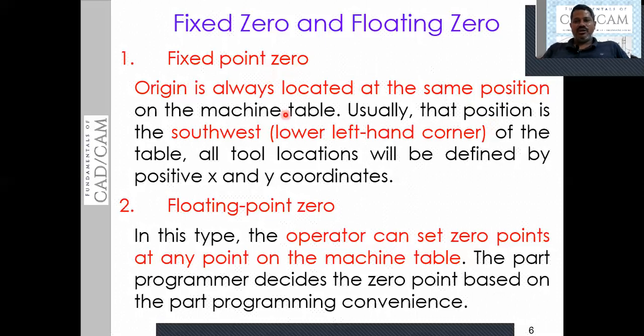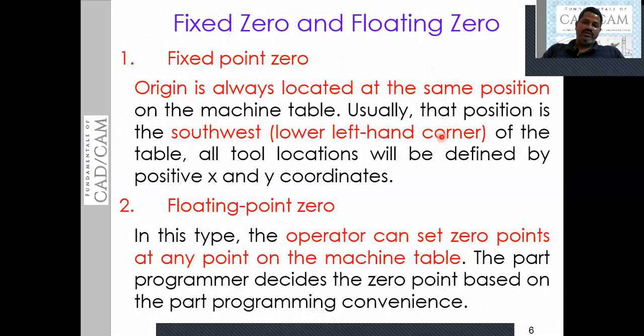Sometimes this programming may not be flexible. This type of method is flexible for, but not for the rotational components. Suppose you take a rectangular block. In the case of a rectangular block, you can assume the bottom left corner as a reference point, then you can provide all the coordinate values to work on the work plane or the component work plane.